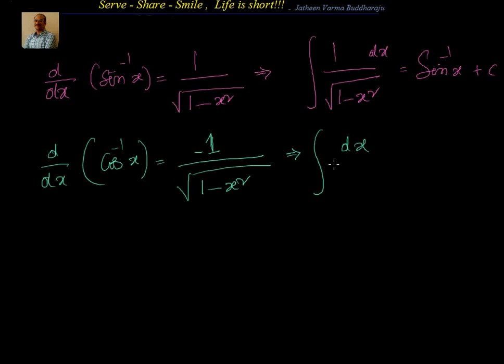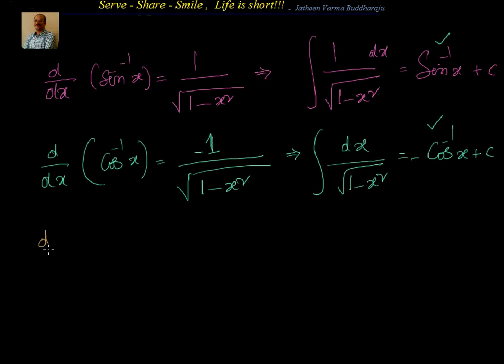So we can write dx by square root of 1 minus x square also equal to minus of cos inverse x plus c. So remember this. We can write the integral of 1 by root of 1 minus x square as sin inverse x plus c or minus cos inverse x plus c.